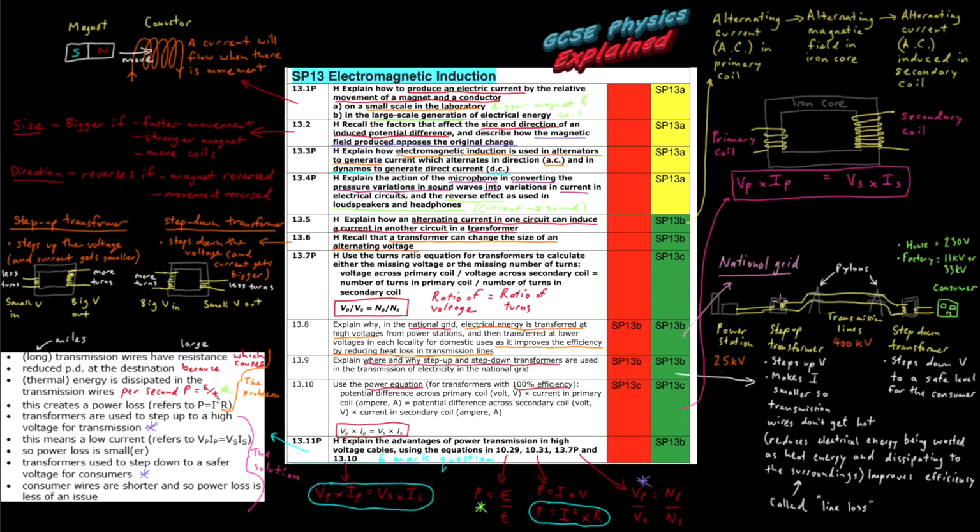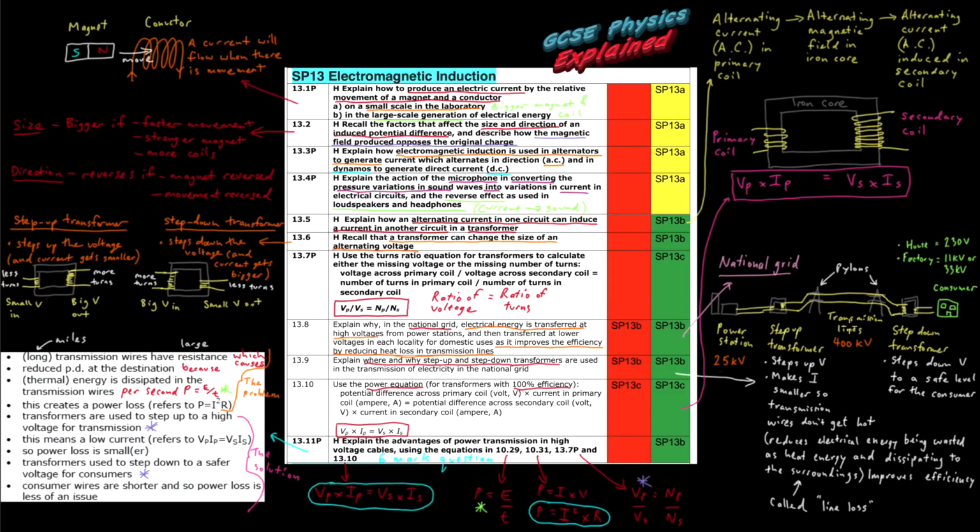You've got your power station, and what they do is they massively increase the voltage. So at the power station you'd have 25,000 volts. Now that might sound like it's already a large voltage, but what they'll do is they'll step it up to 400,000 volts. Now remember, if you step the voltage up, and in this case you're making it 16 times bigger, that means that you're making the current 16 times smaller.